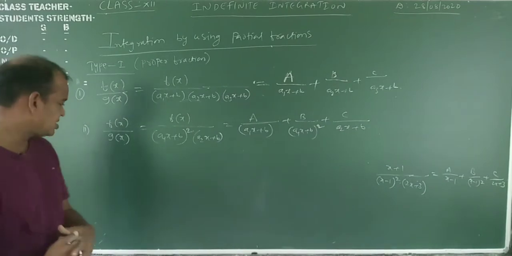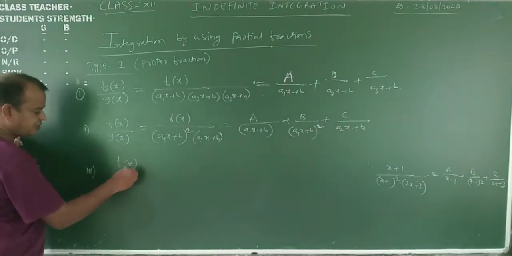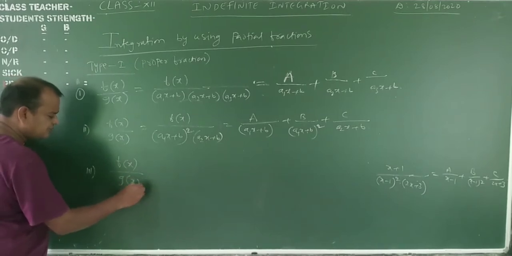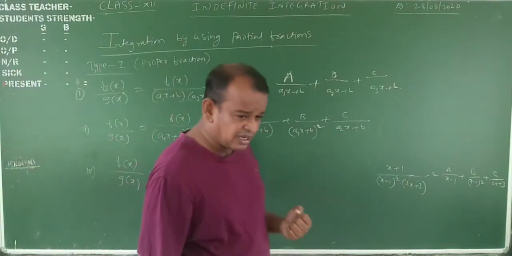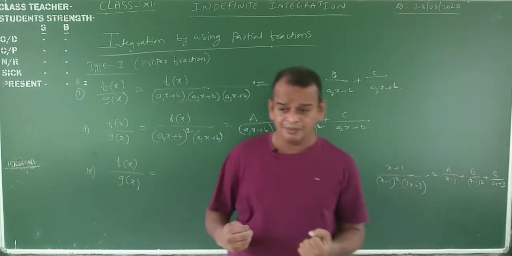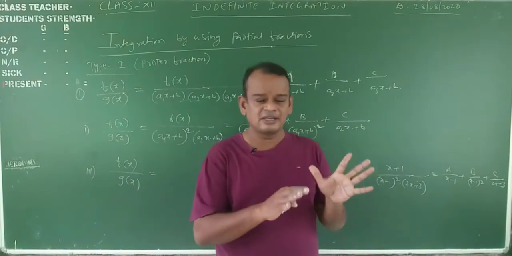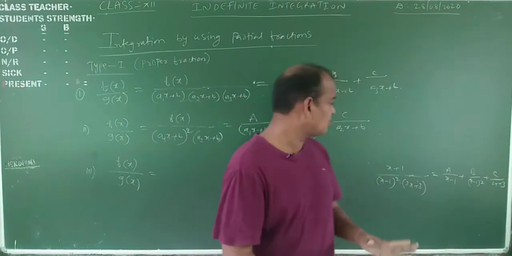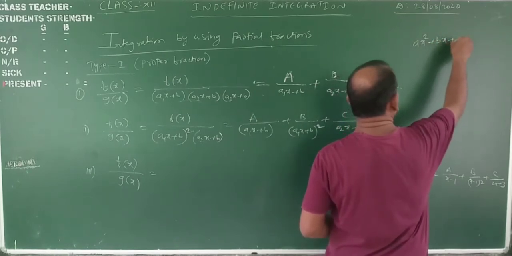Okay, next, third one, f(x)/g(x), where g(x) is irreducible, means it has no factors of the quadratic expression. What is the quadratic expression? ax² + bx + c.